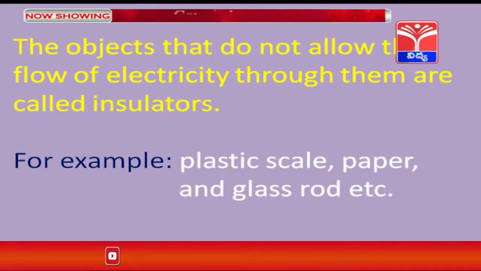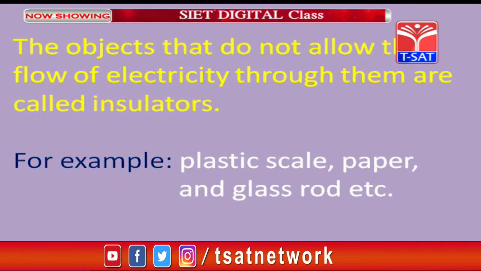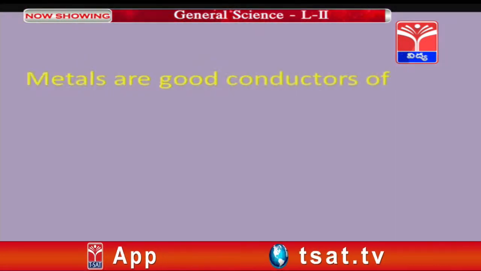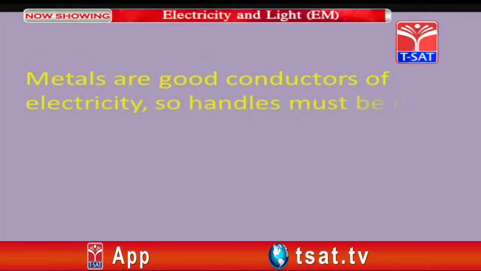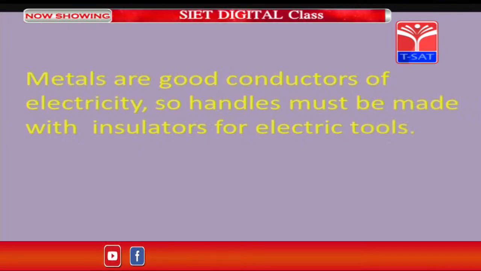For example, when a plastic scale, paper or glass rod is put between points A and B, the bulb will not glow, because these are insulating materials. Metals are good conductors of electricity. So, handles of electrical tools must be made of insulators, otherwise we will get a shock. Now children, so far we have revised important points in electricity.